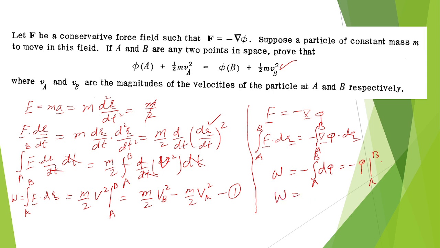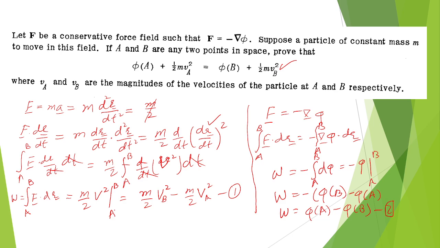So putting the values, minus phi at B minus phi at A. So this work is equal to phi at A positive minus phi at B. This is equation number 2.